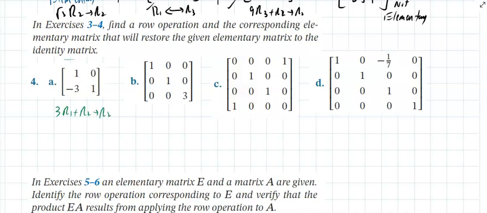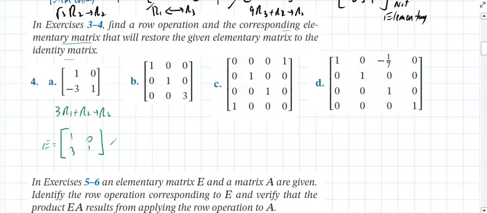That will do the trick. Let me see. If we take 1, 0, 0, 1, and if you multiply row 1 by 3 and add it to row 2, that will become 3, 1. There. So when they say find the row operations and the corresponding elementary matrix, there's the corresponding elementary matrix.